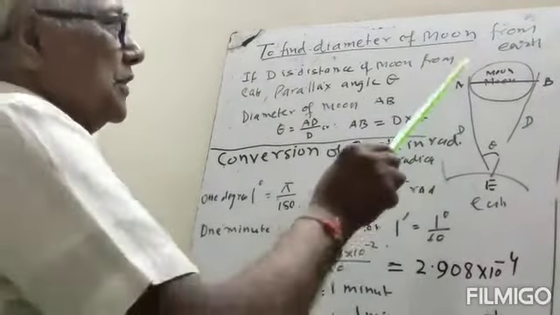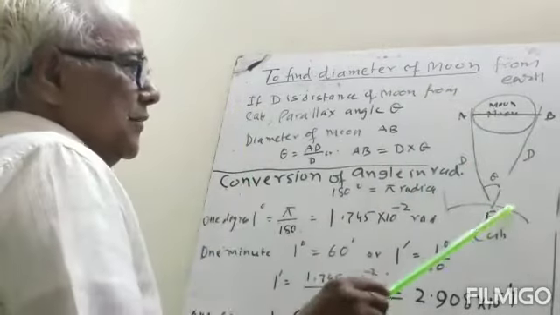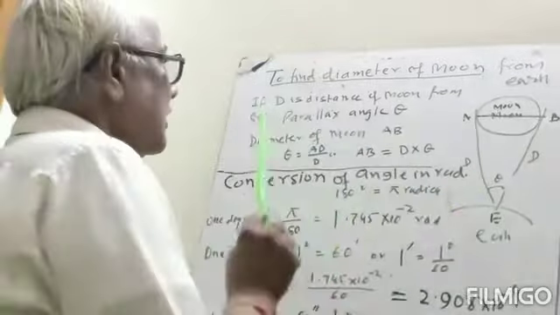So we can find the basis, this diameter. If D is the distance between earth and moon and theta is the parallax angle, then the distance from A to B will be the diameter of the moon.